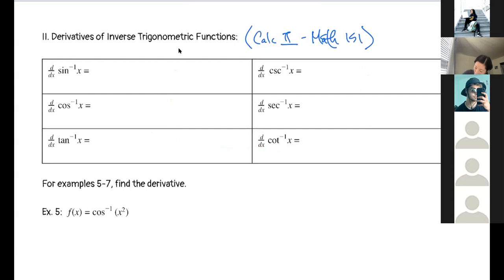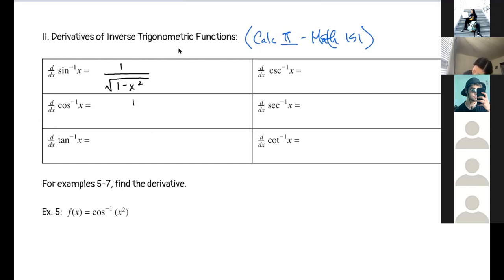All right. So the derivative of the inverse sine function is 1 over the square root of 1 minus x squared. Okay, I'll give you a moment to write that down. Exactly. Order in chaos. And yeah, these aren't the nicest formulas, but okay. Now, if I know inverse sine, turns out I also know inverse cosine.